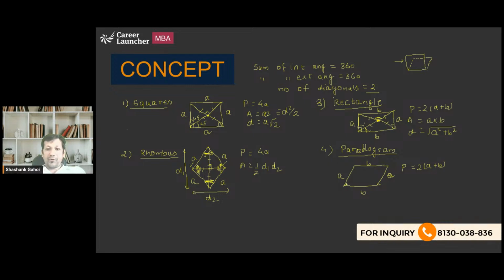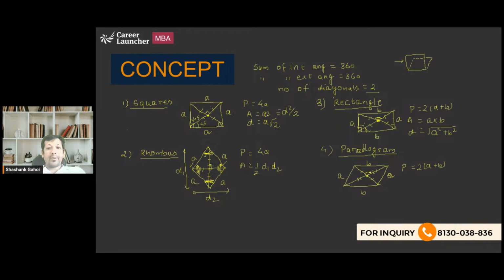Before coming to area, I'm just going to draw the diagonals. So a parallelogram has properties similar to a rectangle. Like in a rhombus, when you draw the diagonals, they bisect the angles and the angle between them is 90. In a parallelogram, diagonals bisect each other. Means this is definitely the midpoint, right?